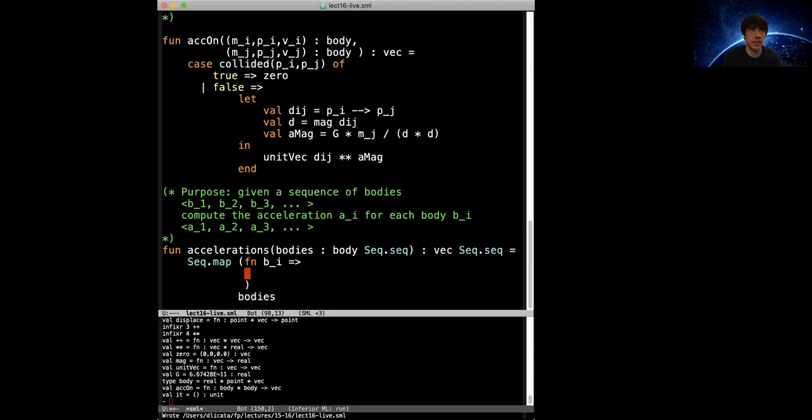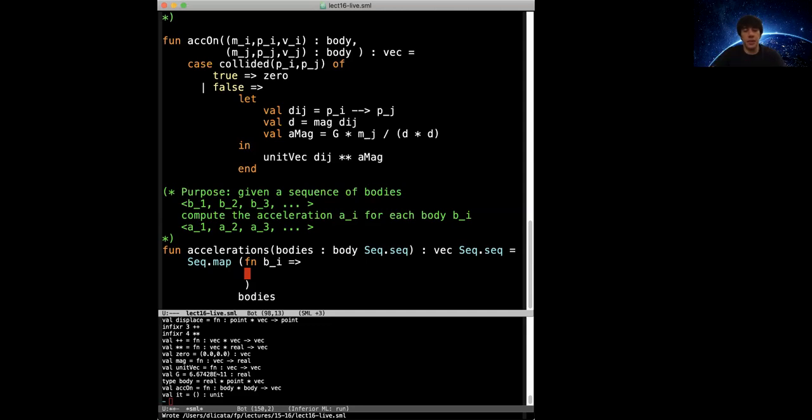And what did we say the acceleration on the body Bi was? If you go back to the second segment of the videos, we said that the acceleration on the body Bi was the sum of the accelerations on that body due to all of the other bodies.